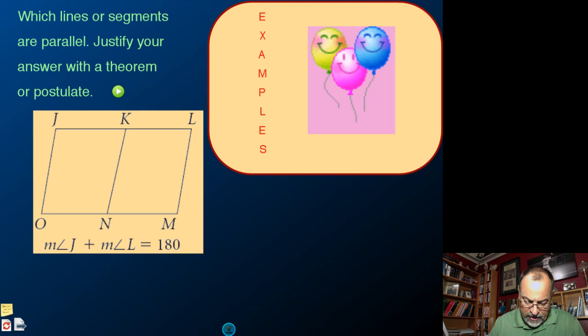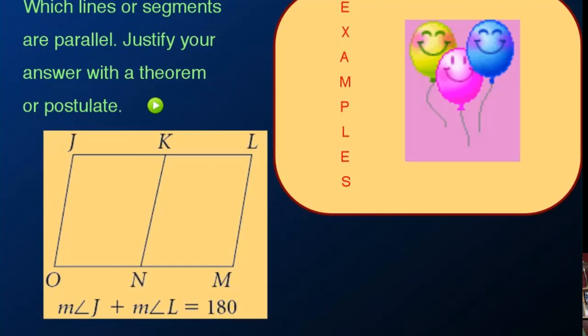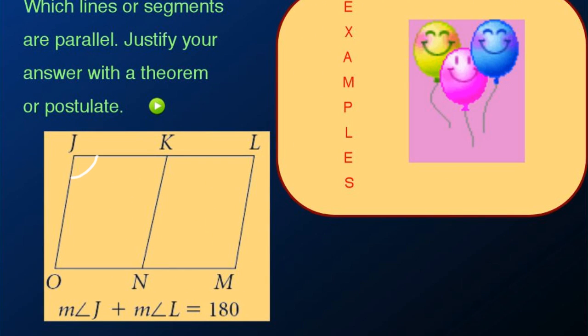So what they're saying here is that if I took the measure of angle J, which would be this angle right here, and I took the measure of angle L, which is this angle right here, they would add up to 180. Well, if I connect the sides of the angle, so angle J is this side along with this side. Sorry for my squiggly line there.